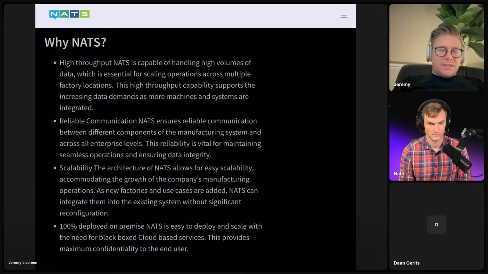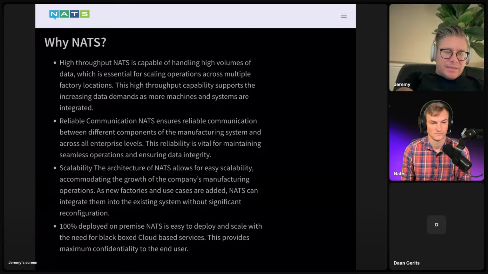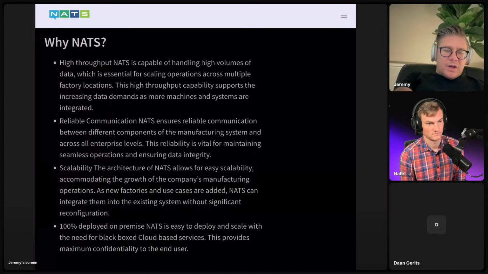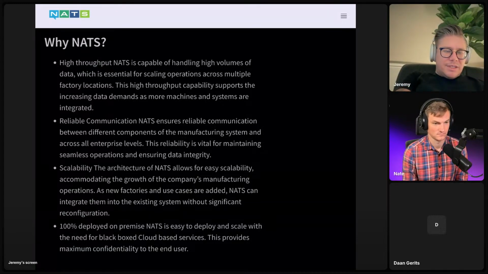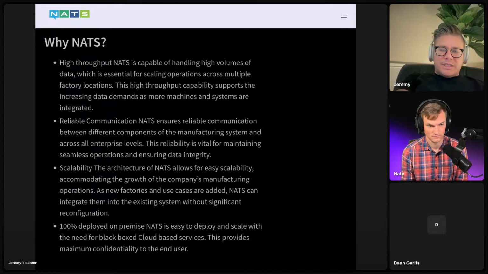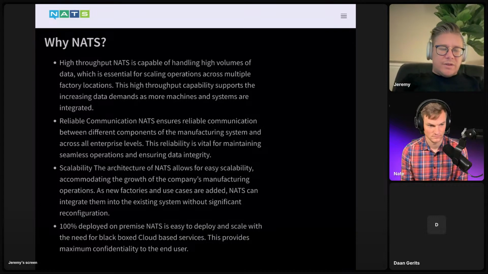Reliable communication: NATS ensures reliable communication between different components of the manufacturing system across all enterprise levels. This reliability is vital for maintaining seamless operation. The architecture of NATS allows for easy scalability, accommodating the growth of companies' manufacturing operations as new factories and use cases are added. NATS can integrate them into the existing system without significant reconfiguration.